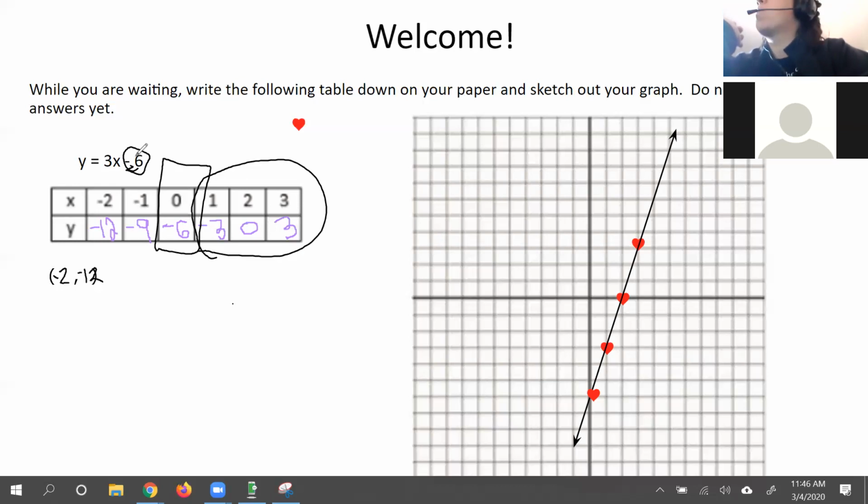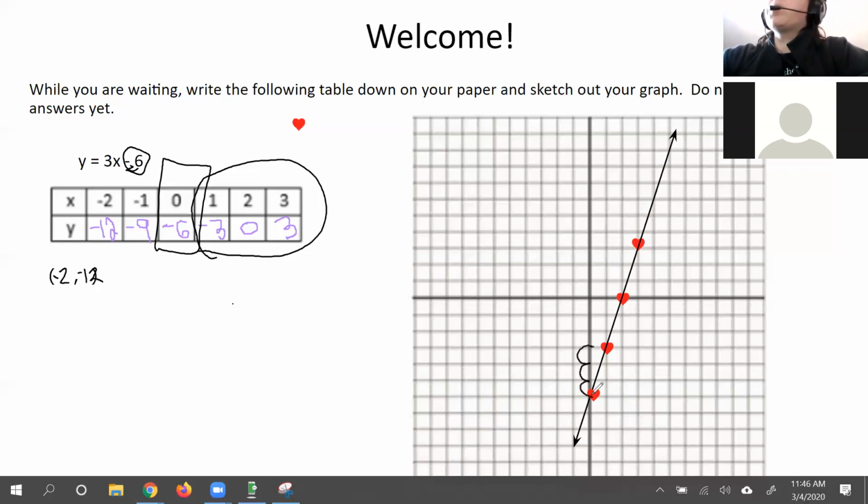What about my slope? What would my slope of this line be? You could either count it on the line, you could calculate it from the table, or you could read it right in front of the x. And yes, Malachi, you are right. It's 3, 1 because it takes 1, 2, 3.